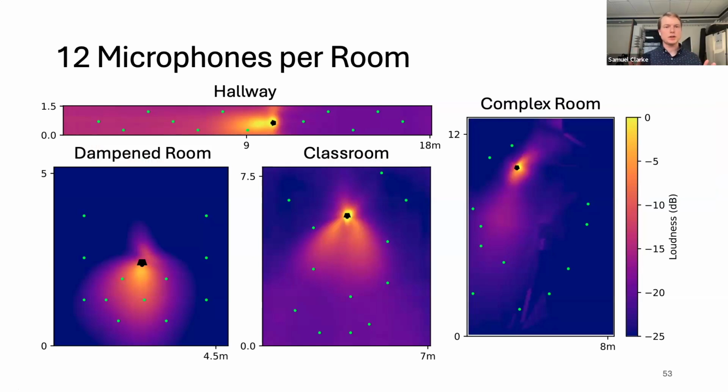So we restricted ourselves to 12 microphones per room, which we considered maybe realistic for a human to put 12 microphones, or a single microphone in 12 different positions, where it's not really realistic to collect hundreds of microphone positions in a room in a timely fashion. And we measured room impulse responses at each of these positions in the room.